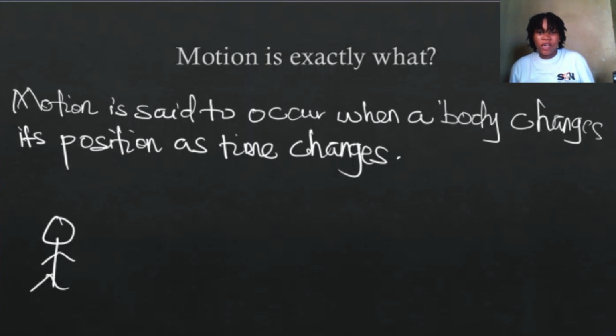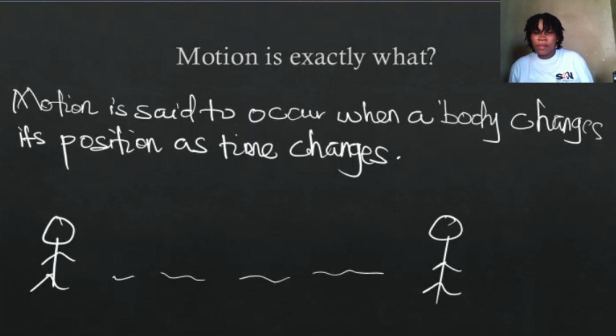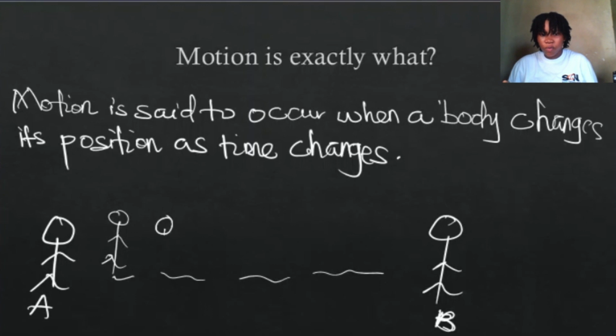So a body changing its position, let's see: a boy was here and the boy was running. Now the boy is here. You could see that this was the boy's first position, point A, and the boy's new position, or current position, is point B. Over here you see the boy running.